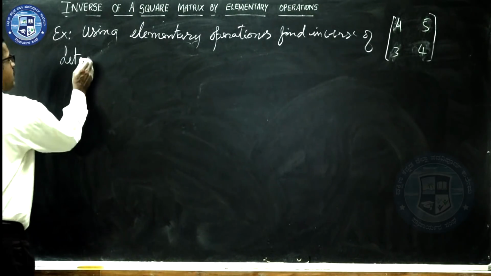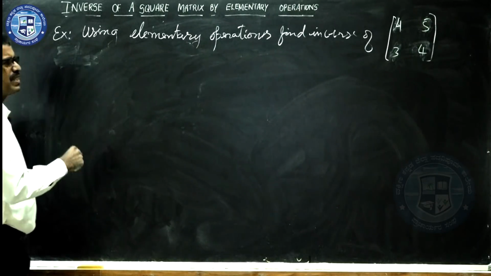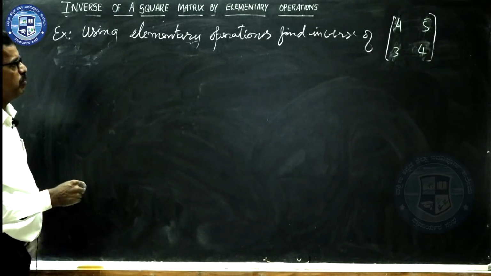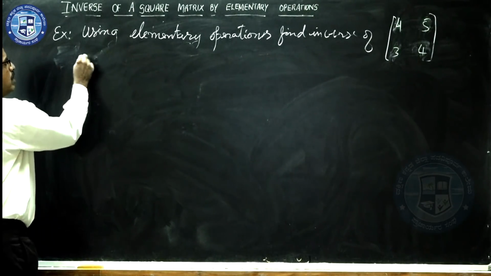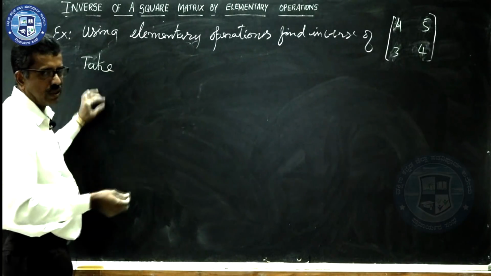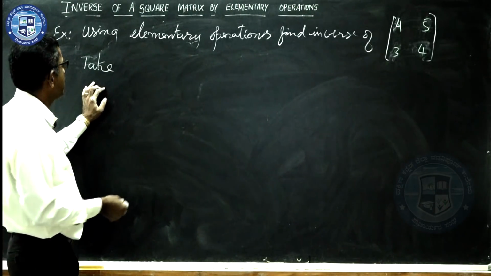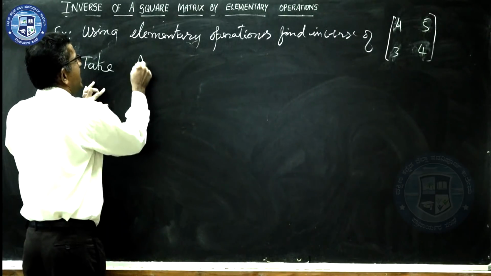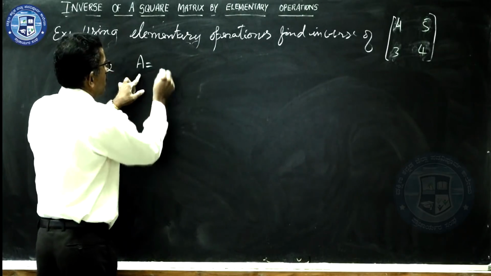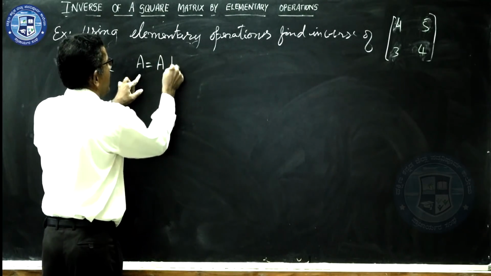I did 3 examples with the row operation, so at least one example I will explain with the column operation. But you practice only with one case, like applying row operation, if you are very comfortable with it. Let me take A is equal to A into I, in order to apply column operation.